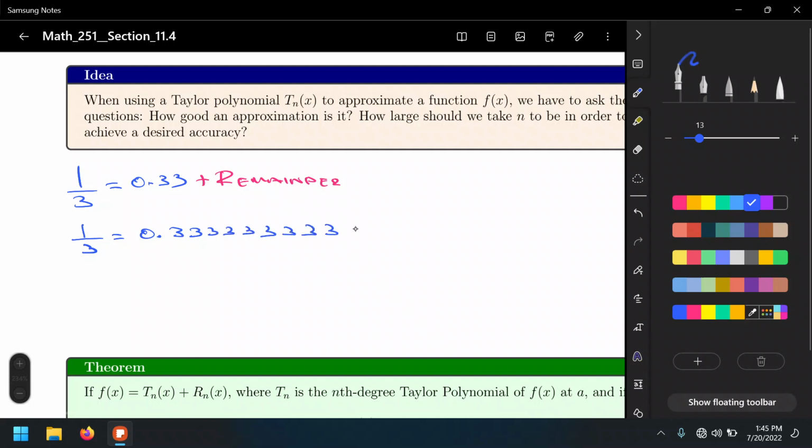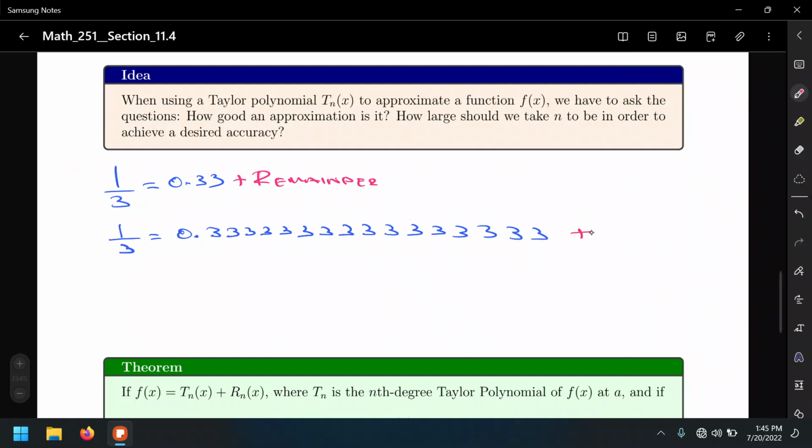Even if you have this many threes, of course, there's still some remainder. Of course, the second result is more accurate than the first result, due to the number of decimals that we're using. The remainder is larger on the first example, but the second is a more refined result.